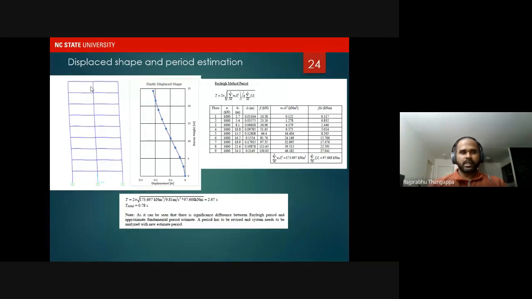Yeah, so since I have not considered the complications of including the dead load and live load along with the lateral load analysis, if we can do that, then we can get an accurate design.